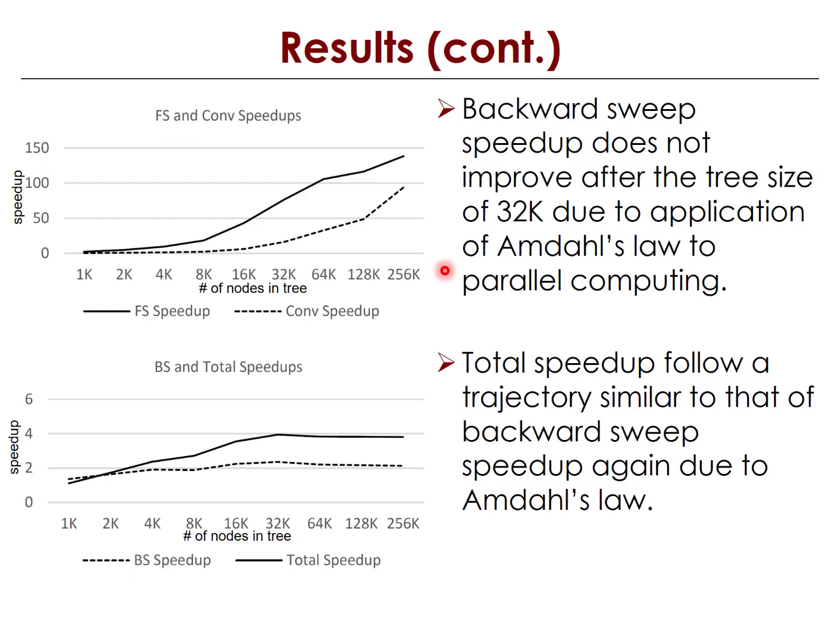Although we achieve increasingly large speedups for the parts of the computation that entirely run on the GPU, for instance, for the forward sweep stage, we achieve up to 138x speedup, our total speedup does not exhibit the same behavior and instead follows a trajectory that is similar to that of the backward sweep. This can again be explained by Amdahl's law.